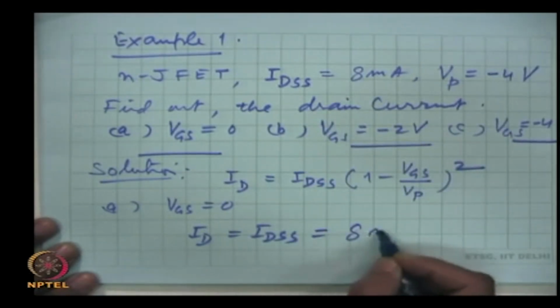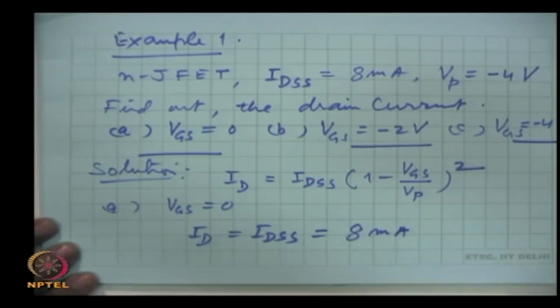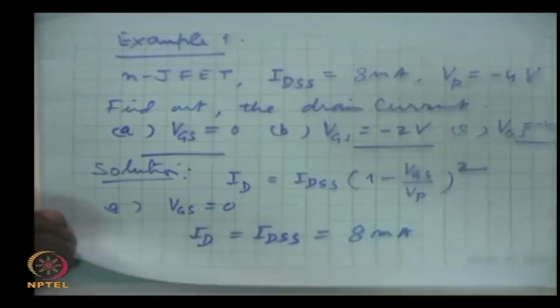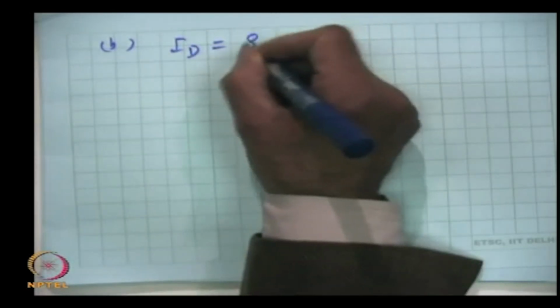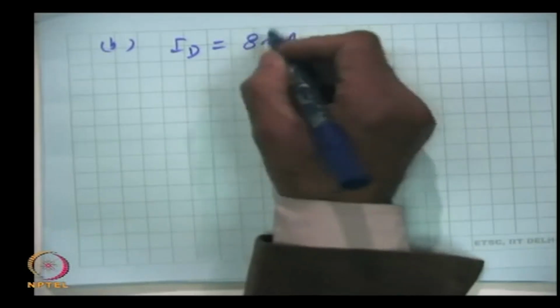So, this is 8 milliampere. Then for B, ID is 8 milliamperes, that is the value of IDSS.